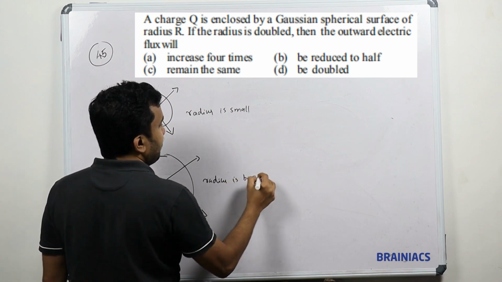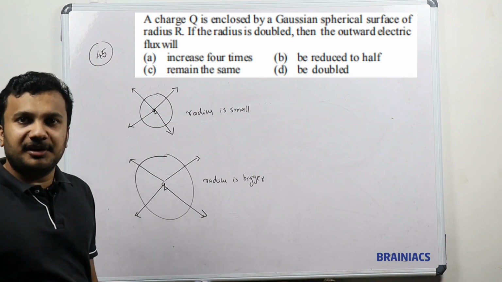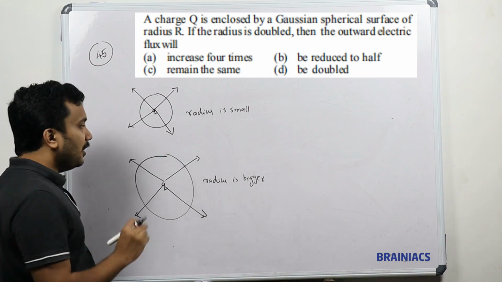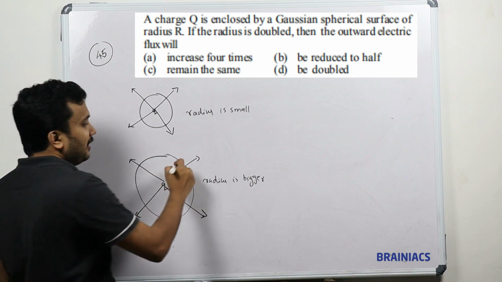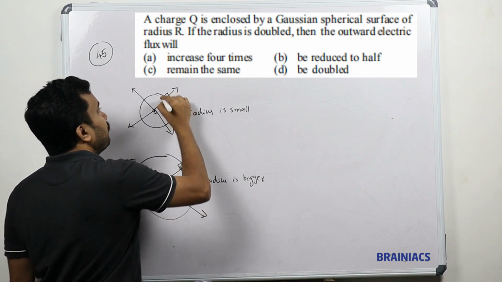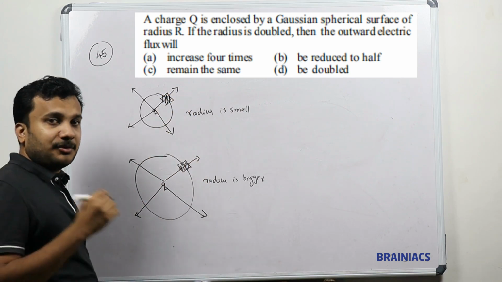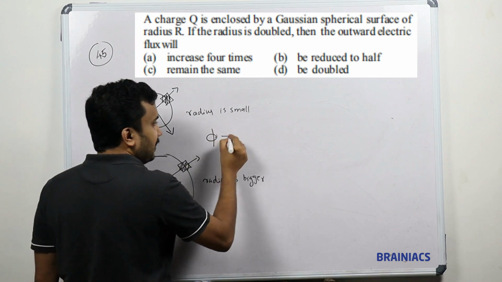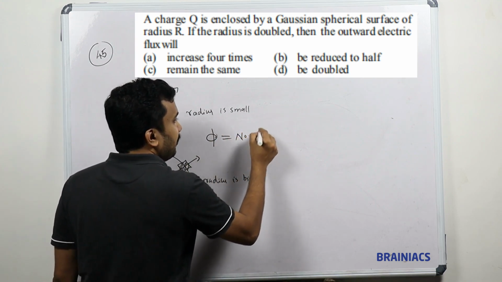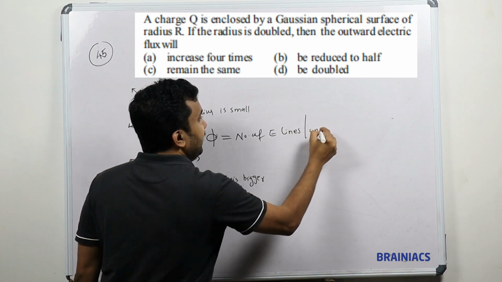So whether you take a smaller radius or a bigger radius, is there any change in the electric flux? No. Electric flux will always indicate the number of field lines passing. If you take a 1 meter square area like this, within that 1 meter square area a number of electric field lines are passing. So flux will be equal to the number of electric field lines per unit area.